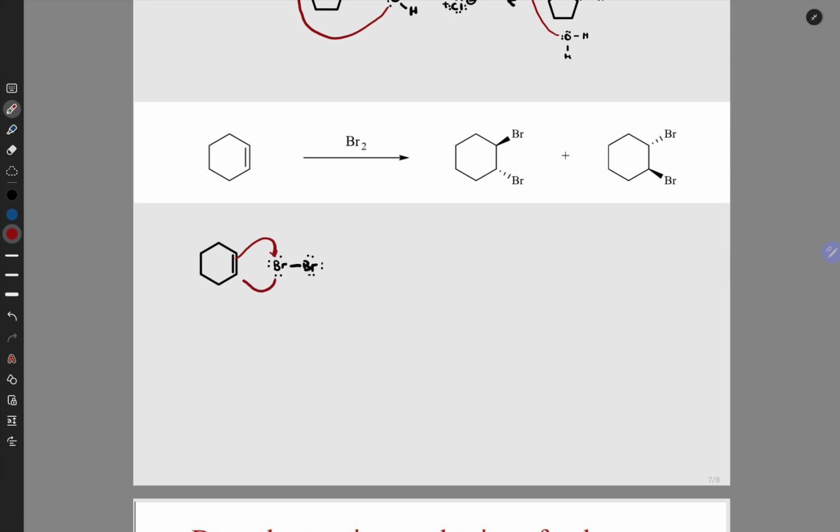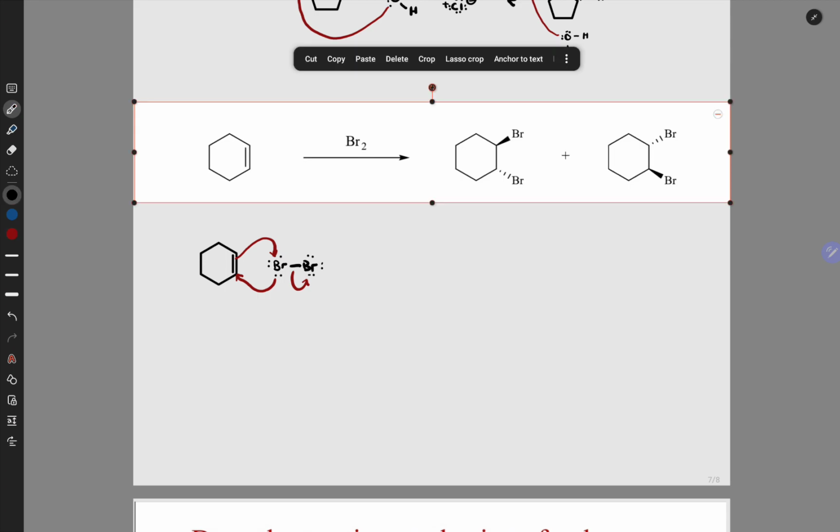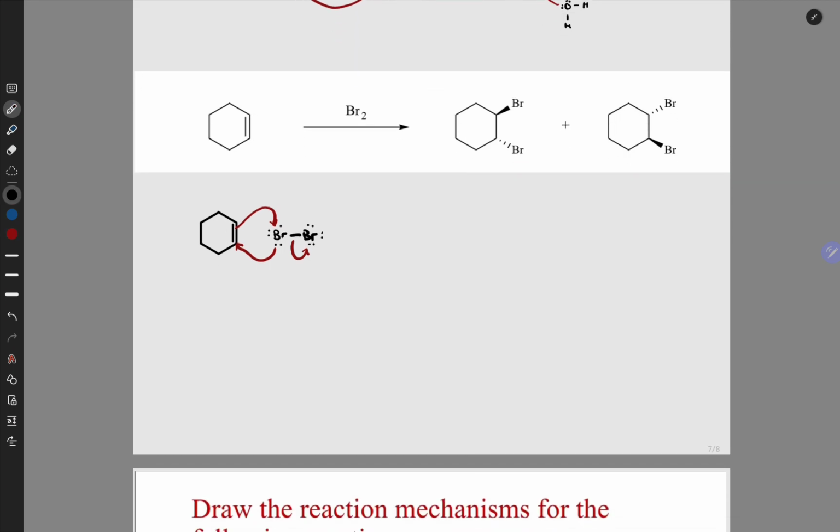The electrons from the bromine will attach to this carbon right here on the other side of the alkene, and the rest of these electrons will get pushed off onto this other bromine. So we see that two achiral molecules make a racemic mixture. So we're going to form a top and a bottom attack, as we can see also in our products. So the top attack will end up looking like this.